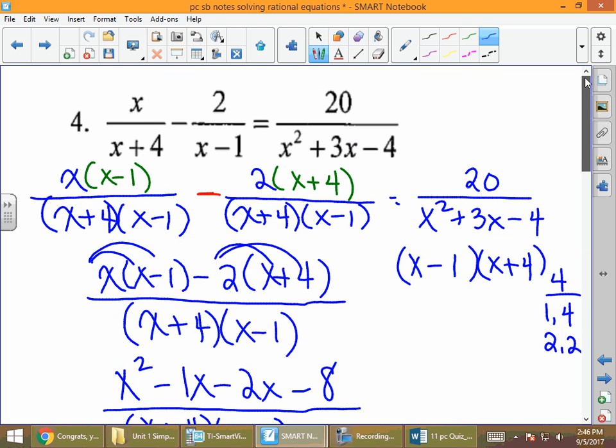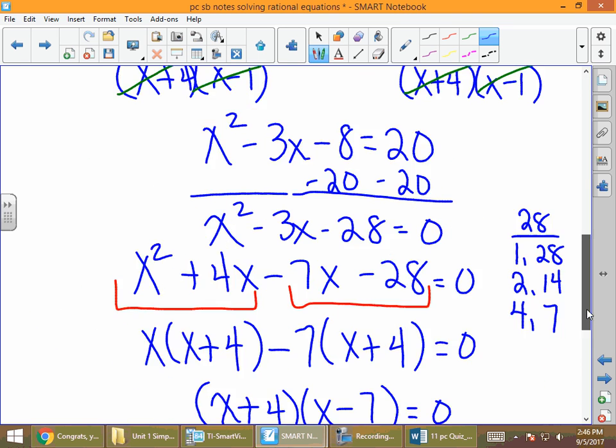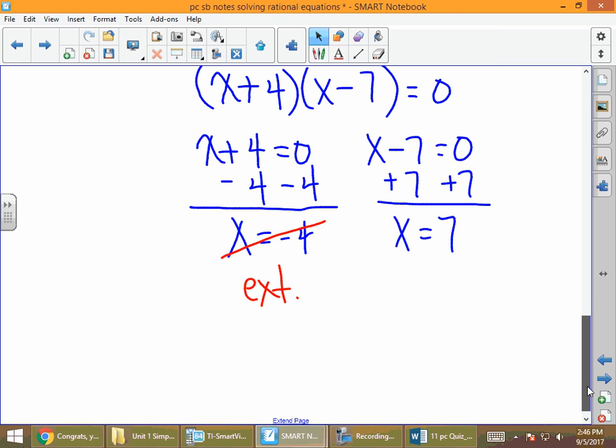Well, when we go back and look at 7, looking at the denominator, bottom of the fraction, 7 plus 4 is 11. That's allowed. 7 minus 1 is 6. That's allowed. 7 squared is 49 plus 21 minus 4 is not going to give us 0. So 7 is our solution to this problem.